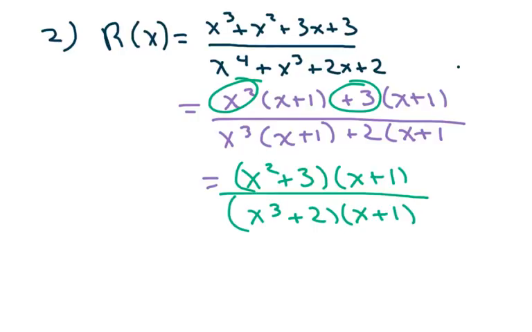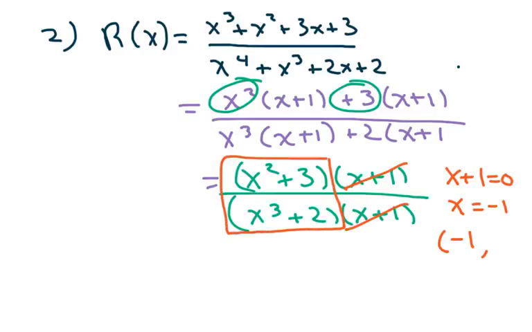You're going to have a hole where you cross that out. So you're setting this to 0, and your hole is at x equals negative 1. Then you plug the negative 1 back into the reduced equation. And when you plug that in, you're going to get 8 over 5. Wait, is that right? No, you're going to get 4.